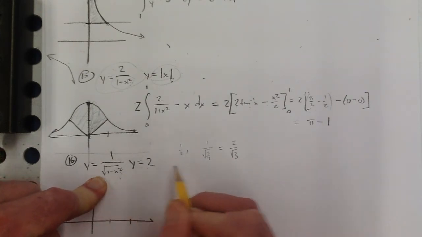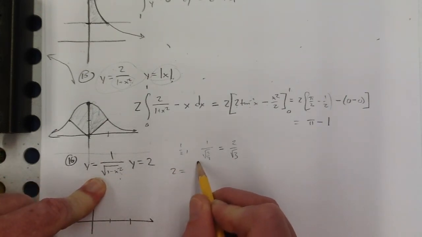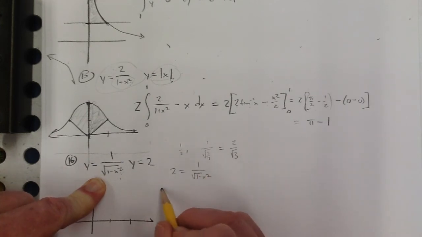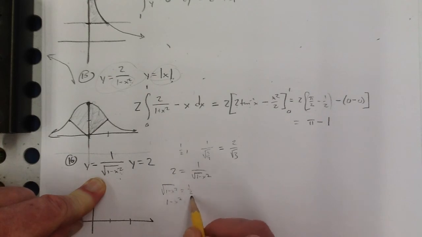So when y equals 2, then this must equal 1/2. So 1 minus x squared is equal to 1/4, so x squared is equal to 3/4. So x is equal to plus or minus the square root of 3 over 2.